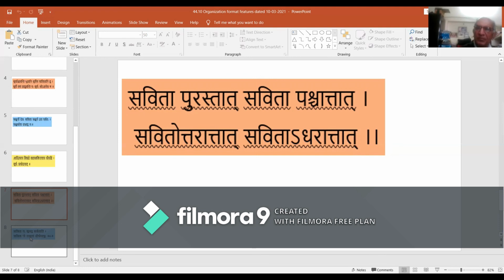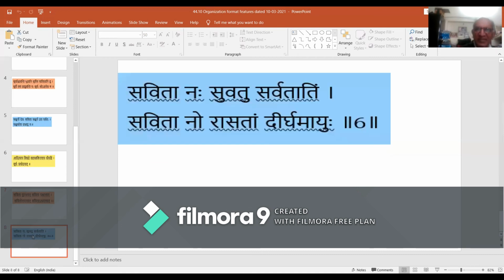It is this enriched Punj which is to be respected, to be imbibed, and finally the Savita is responsible for Dirgham Ayu, the lifespan is enriched all through.